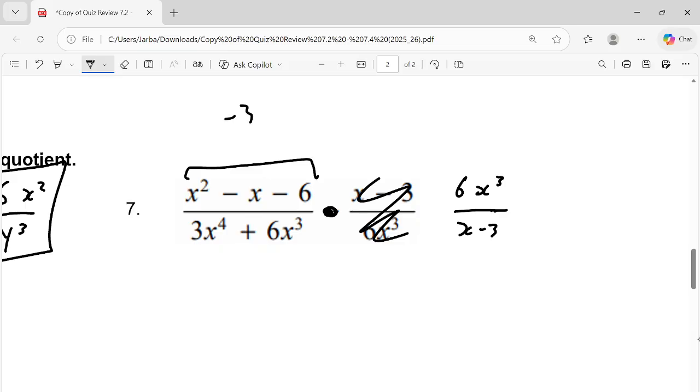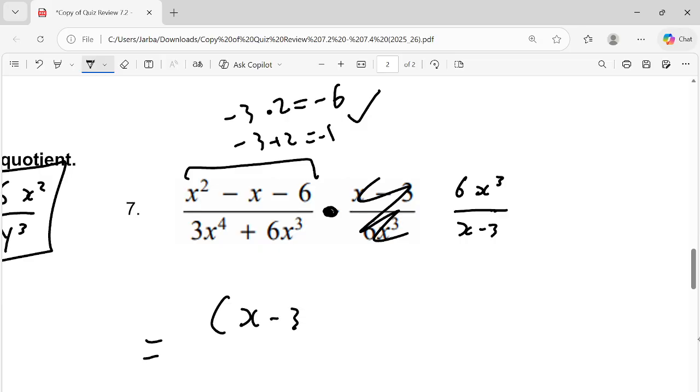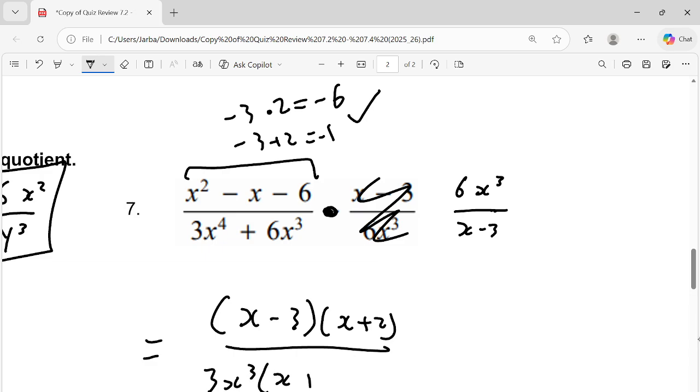Numbers I think of are negative 3 and 2, because negative 3 times 2 is equal to negative 6, and negative 3 plus 2 is equal to negative 1. So that works. So I can rewrite this as x minus 3 times x plus 2. Down here, I can factor a 3x to the 3rd. And that leaves me with x plus 2.